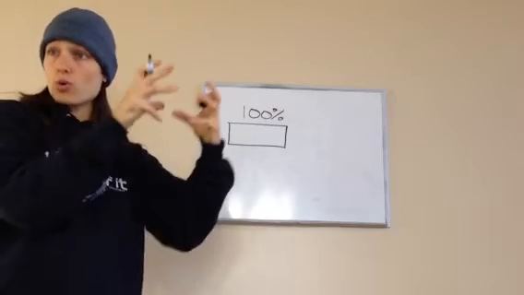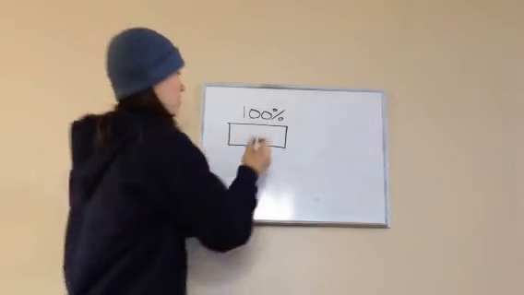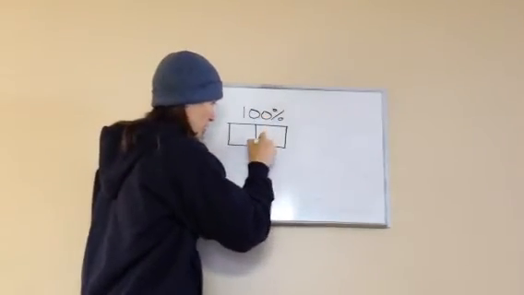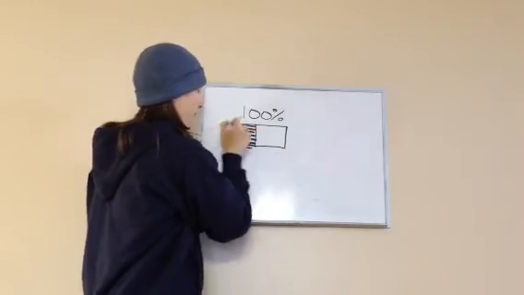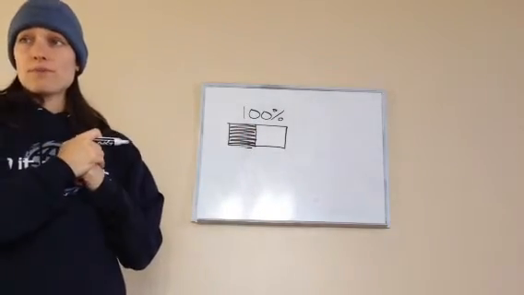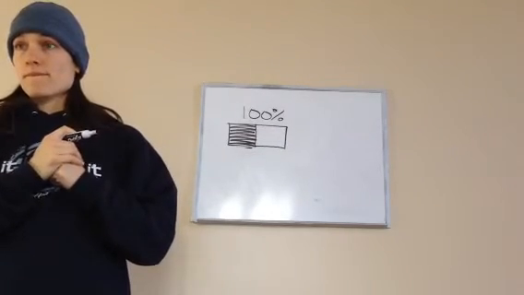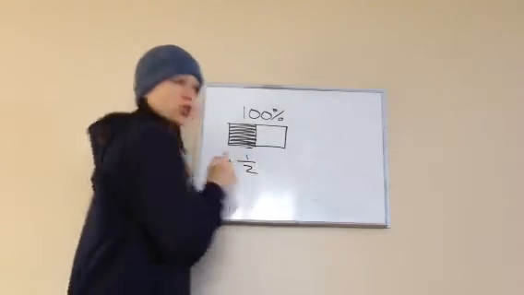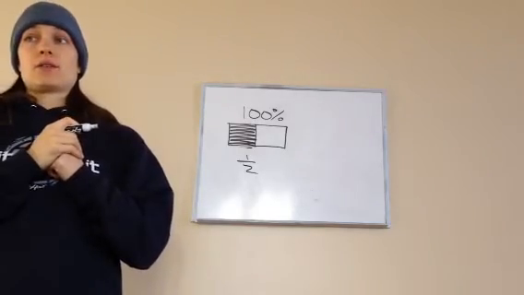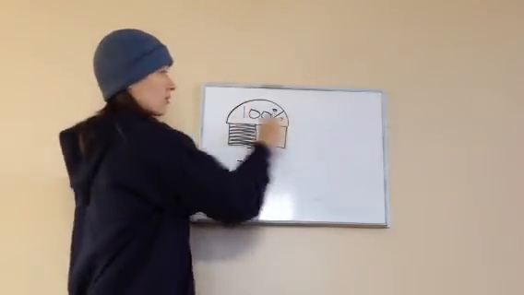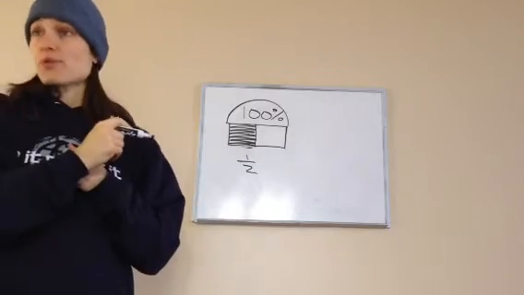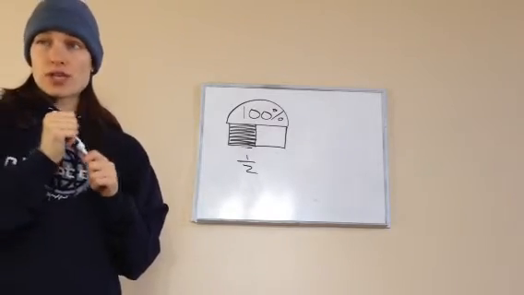It's a whole total. So how much of this rectangle is shaded? 1 out of 2. But I asked you what percent. If this is 100%, it would be 50%. You see that? You understand?